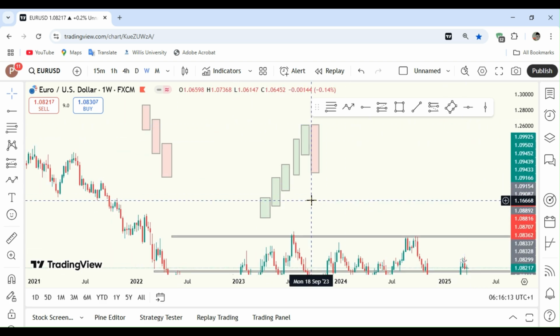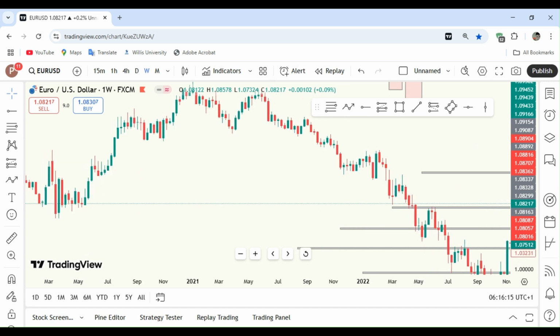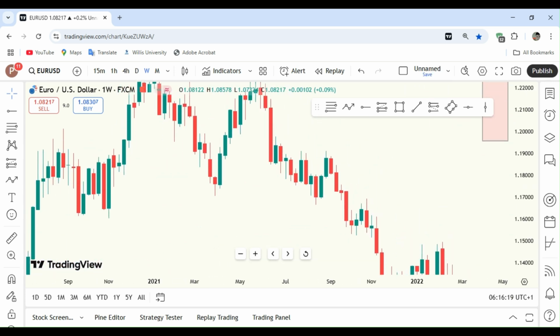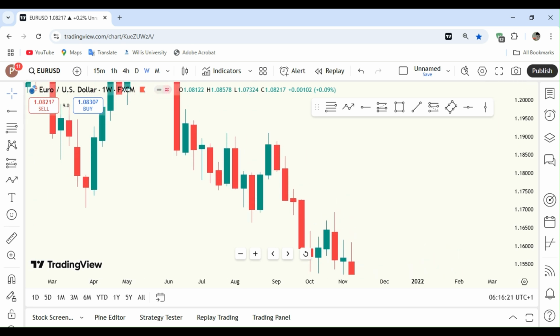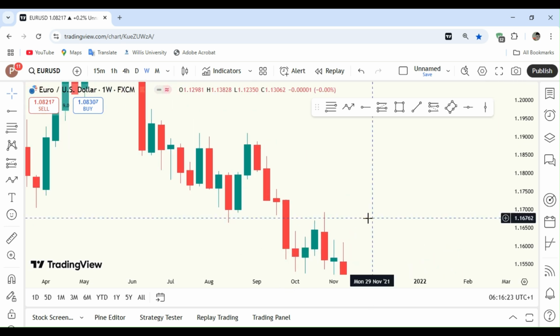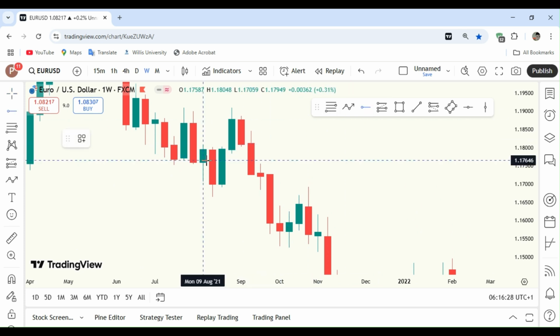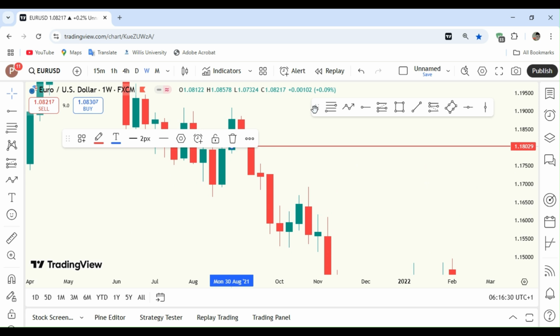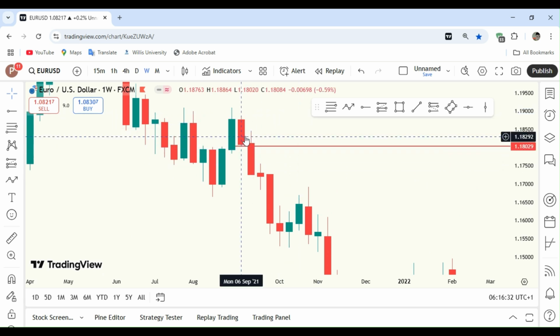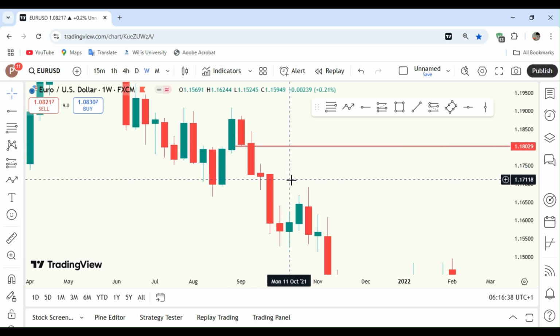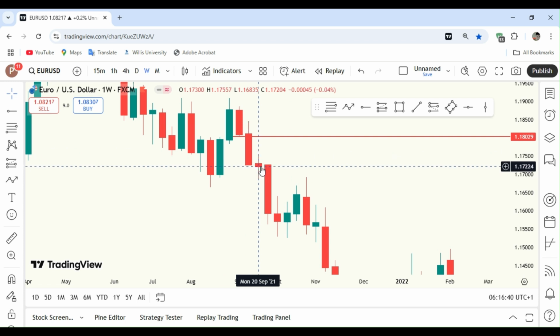Now let me show you something. In a downtrend, let me zoom in. From right here we can see that the market broke structure. This bearish candle closed below the low of this, and we can see the next candle that followed printed bearish.